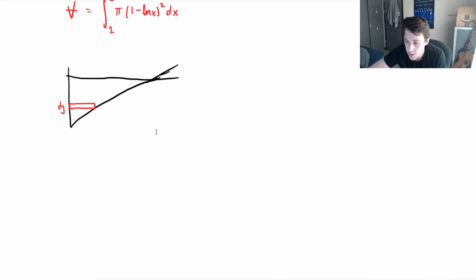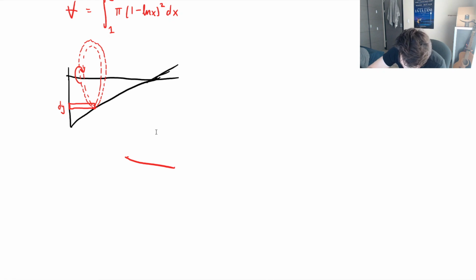So what have we got here? We're rotating this around y equals 1, so this is going to create this sort of shell, and I believe they typically call this method the cylindrical shell, because it looks like we are going to create a bit of a cylinder. Let me try to draw this.